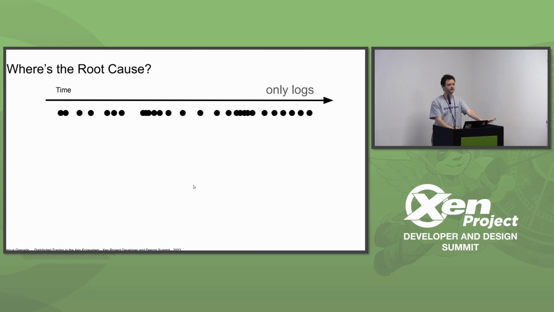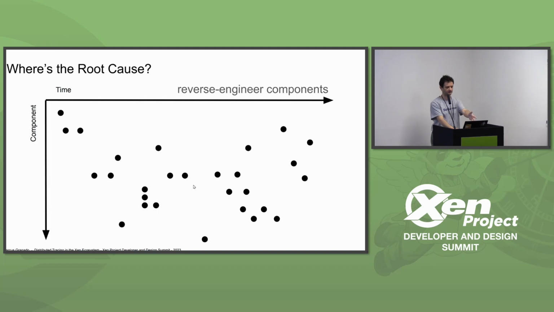It's quite difficult for an engineer, especially a new engineer. If you have some experience, you might be able to split that bunch in your mind into different components, for instance Xen, schedulers, or some mappings.